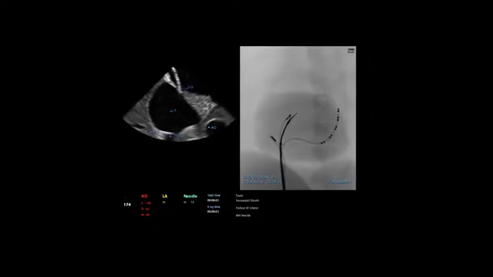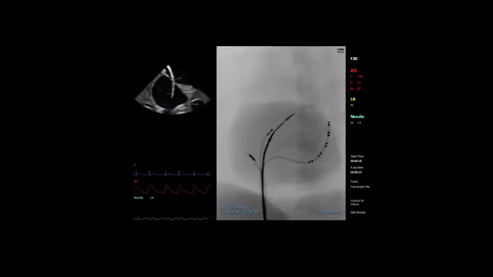Anyway, we have a nice picture in the ICE image that the needle has entered the left atrium. You will see a dye injection here, if I remember correctly, and then the dilator is advanced, as you see here also in the ICE image. Again, you will see here that the pressure reappeared.